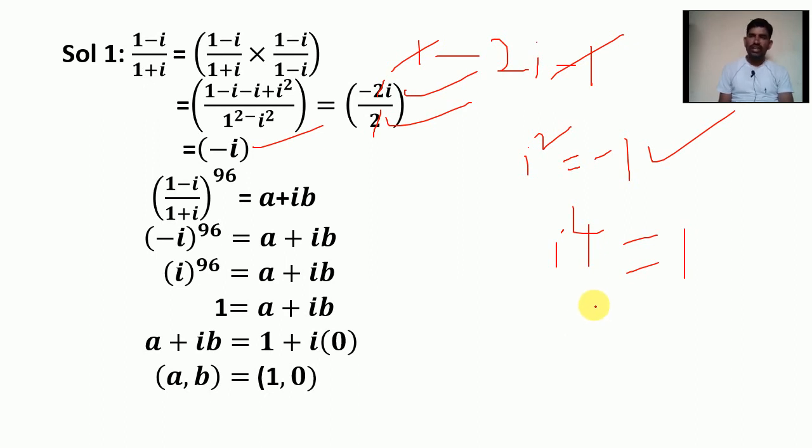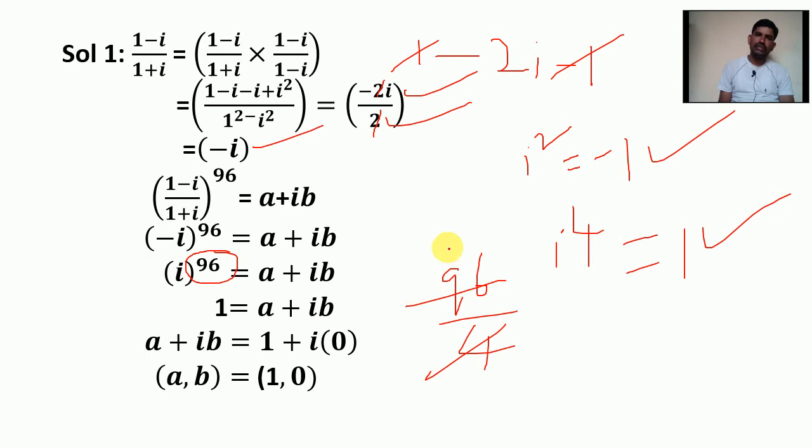Observe here, iota square into iota square, the bases are equal, iota power 4, and the result is minus 1 into minus 1, which is plus 1. Similarly, the power here is 96, so divide by 4. 96 is exactly divisible by 4, so definitely the result is 1.